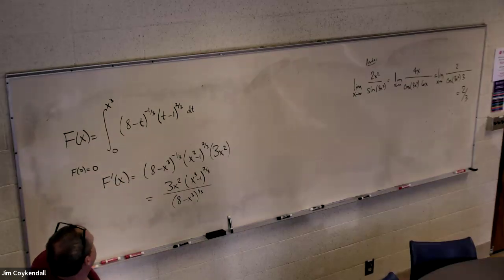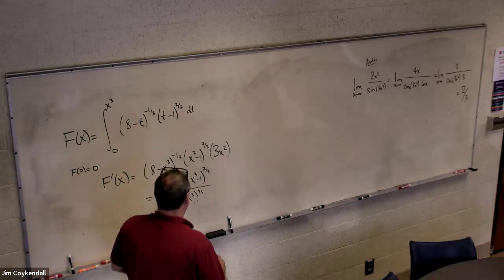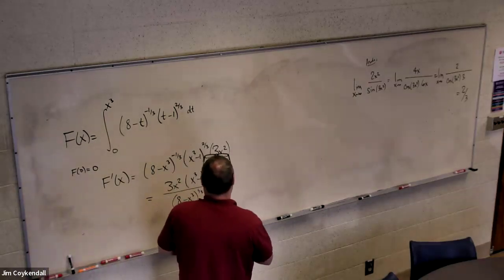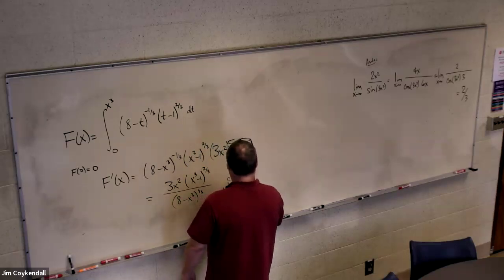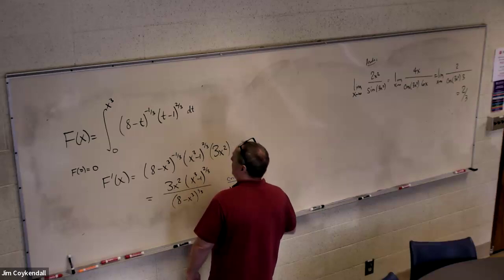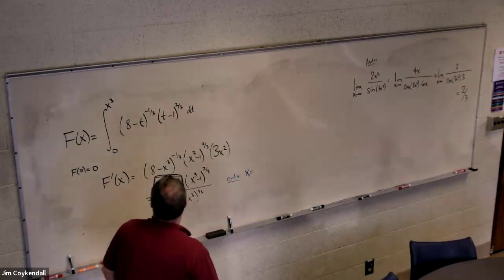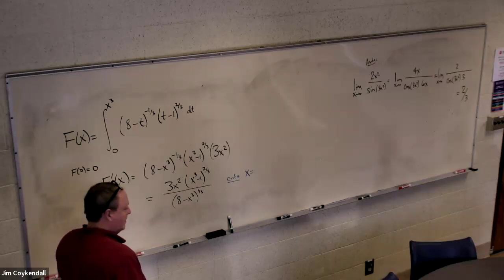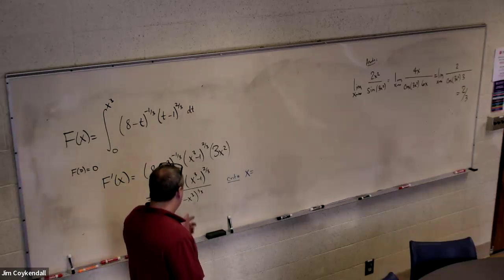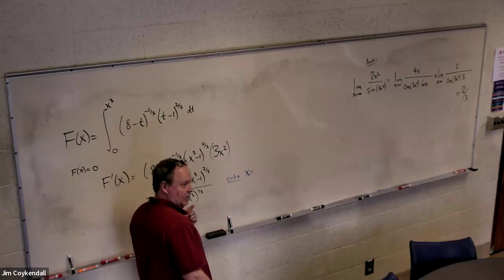Critical numbers. Cube root of 8, actually, just 2.